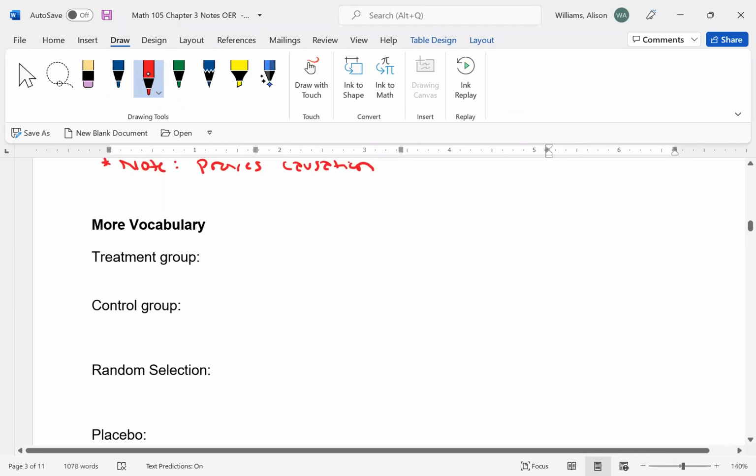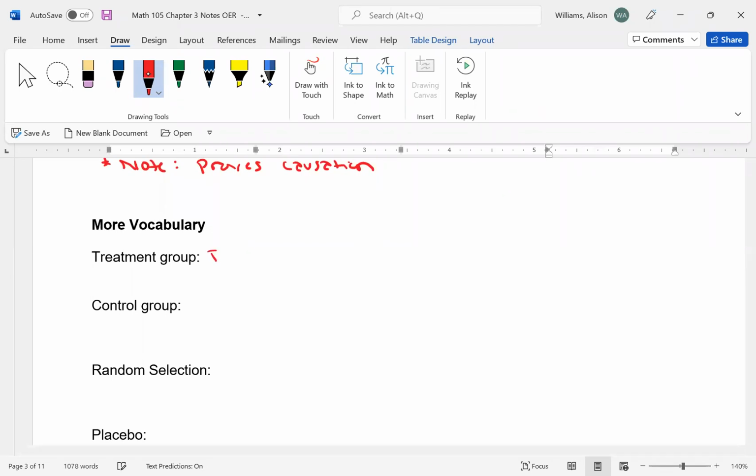So that leads to some more vocabulary here, and we're just going to go quickly through defining. The treatment group is the group receiving the treatment. That could be, in that last example, the group that's getting the aspirin, okay? And they're being measured. The control group serves as a baseline. So in that last example, those would be the people getting the sugar pill. Now, random selection means that we randomly assign treatment.